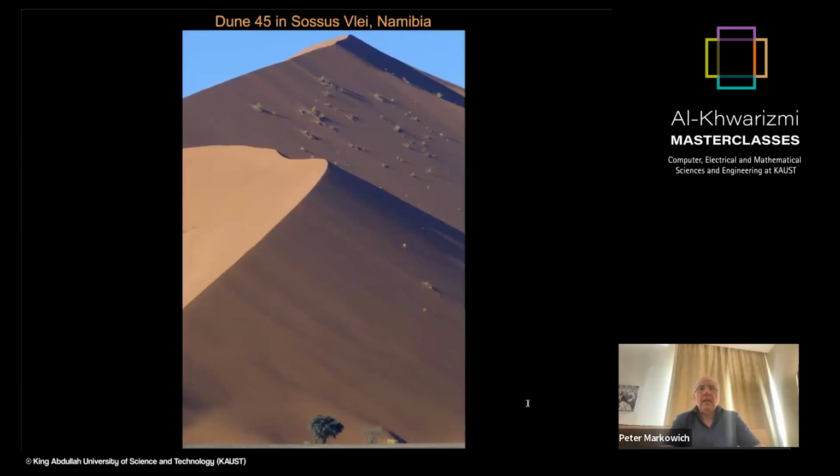Again, a very complicated differential system. So when you want to describe sand dunes, of which we have many in Saudi Arabia, of course, then this would be the equation that you have to resort to.